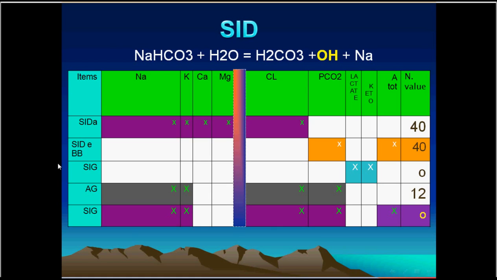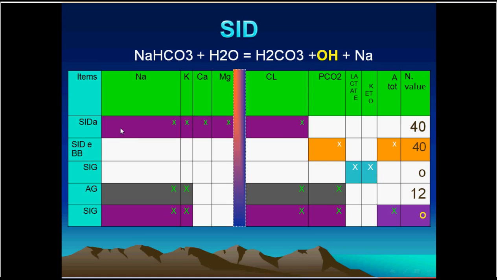Before we go, when we talk about this dissociation of water, I think we have to take a rapid look at strong ion difference. We are going to talk about it separately. Strong ion difference means that when we look at the cations and the anions, all of them, the cations equal the anions. This is electroneutrality.